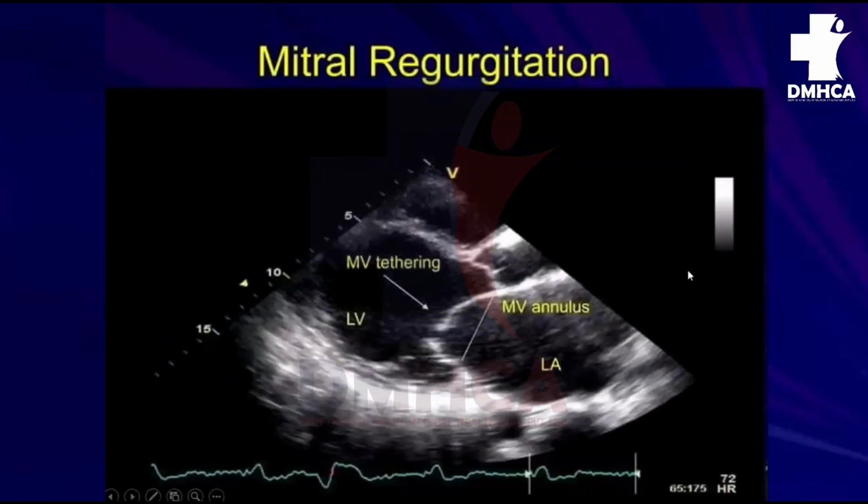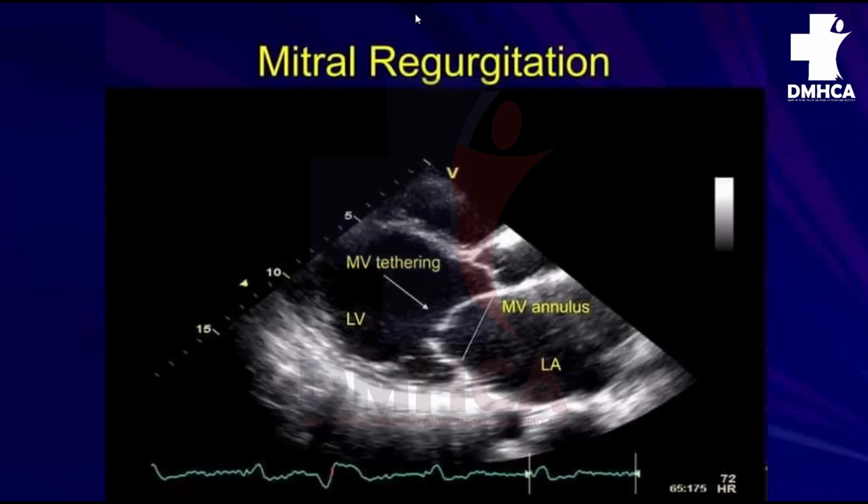The main important thing in mitral regurgitation is the annulus. Mitral annulus means from here to here, it is wide because the LV is dilated, and the annulus is also dilated. Because of annulus dilatation, MV tethering is there.